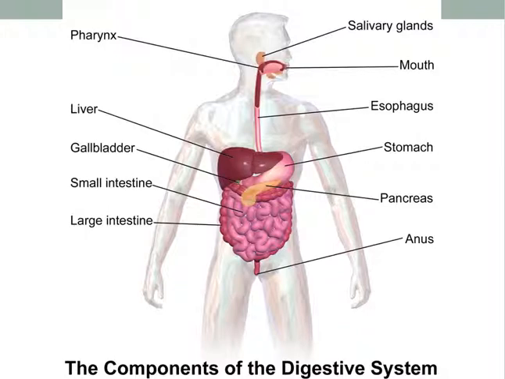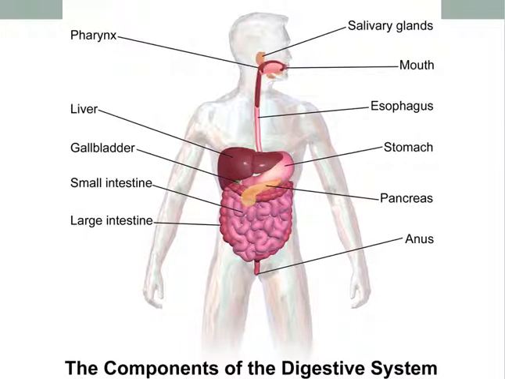There are quite a few main components of the digestive system. It's not just the stomach. So food makes us what we are, but it's the digestive system that converts it into usable molecules. There is the gastrointestinal tract, or the GI tract, which is basically a tube within a tube, and we'll talk about that.